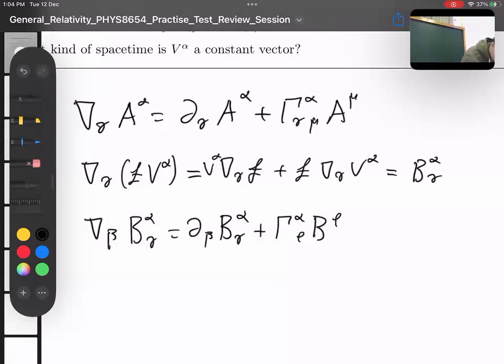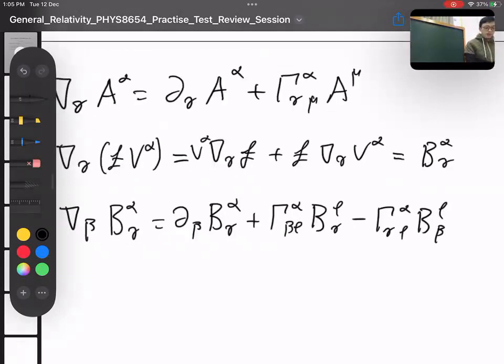This should be beta. And this should be gamma. So then you subtract alpha, gamma, rho. B, this should be rho as well. And this should be beta. So this is the new definition, because when you take covariant derivative of tensors, it's a little bit different. You have to add this additional term because you have two indices.